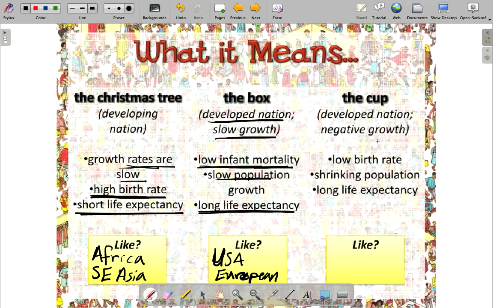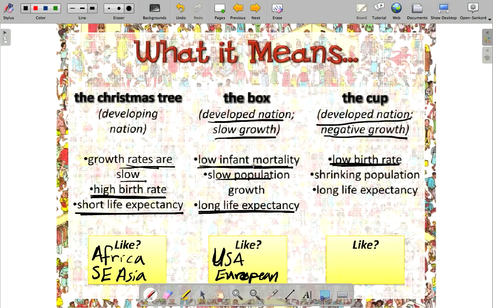The last one is the cup. Now this is, again, developed countries, developed nations, just like the box, but this is different. Instead of having slow growth, it's going to have negative growth. Why? Well, you have a low birth rate. There just are not as many babies being born.